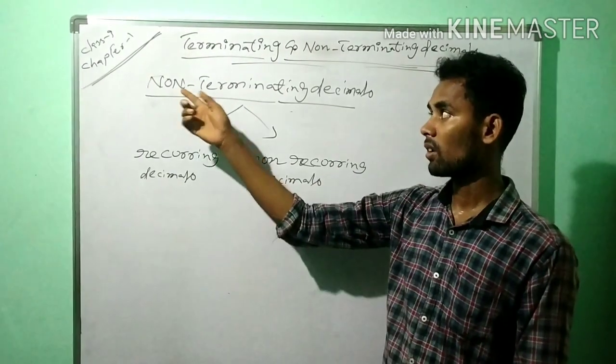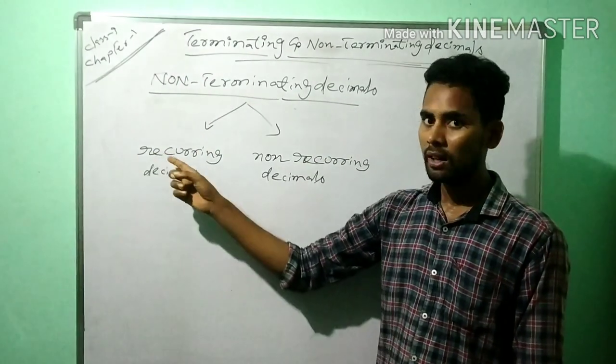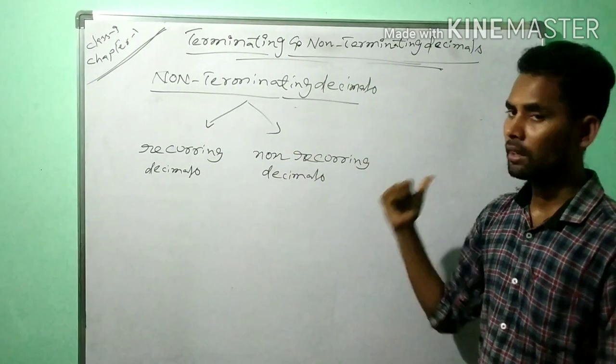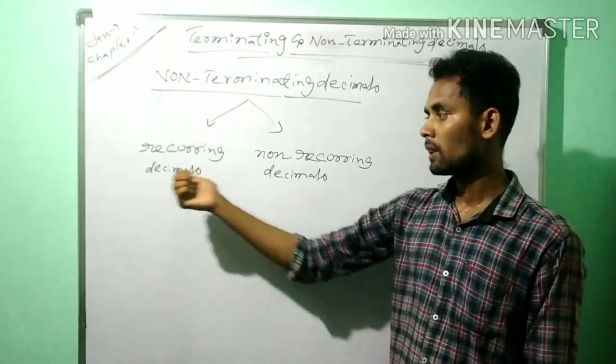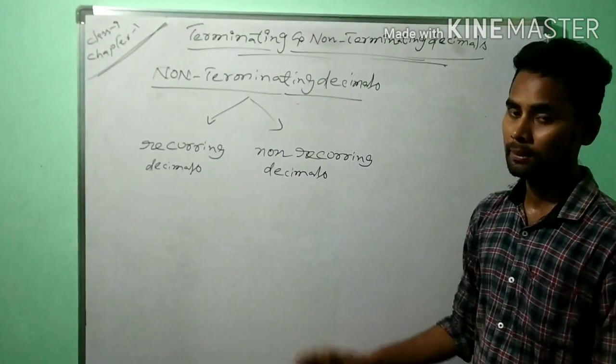Next, non-terminating decimals are of two types. First one is recurring decimals. Second one is non-recurring decimals. Recurring decimals means repeating numbers in non-terminating decimals.